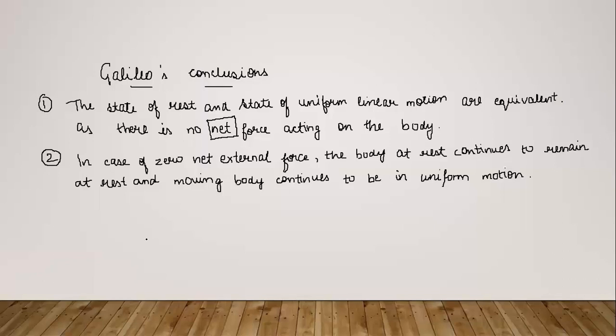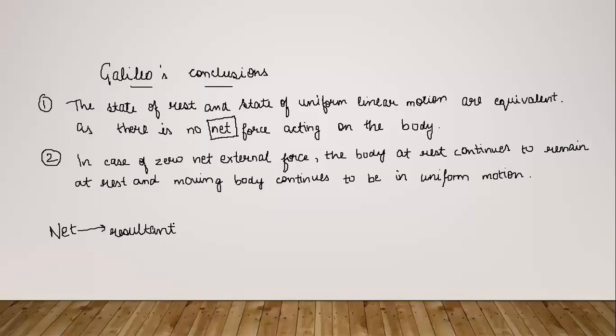Therefore force is a vector quantity. So this net force simply means the resultant that we took out using the parallelogram law or the triangle law. So the resultant force acting on that body should be zero. If a body is in a state of rest, then also the resultant force is zero.